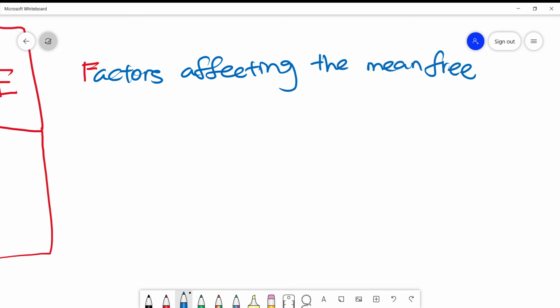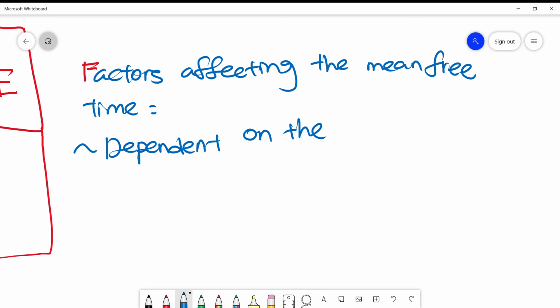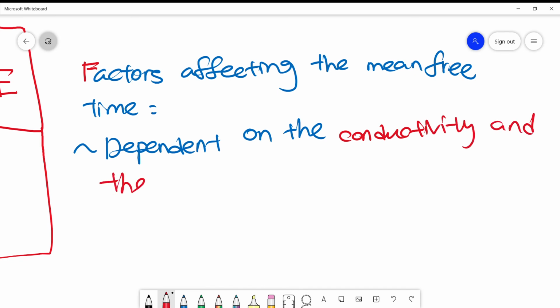Basically, the mean free time describes the time interval for the free electrons. So the mean free time is dependent on the conductivity and the resistivity.